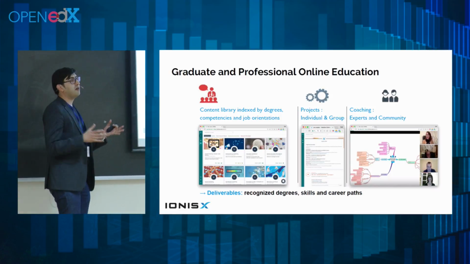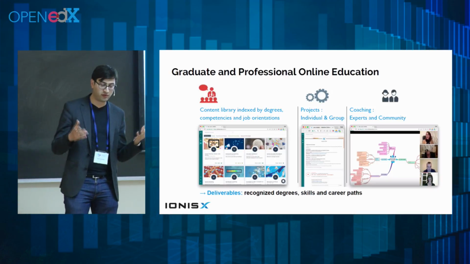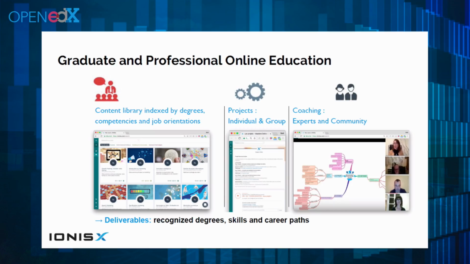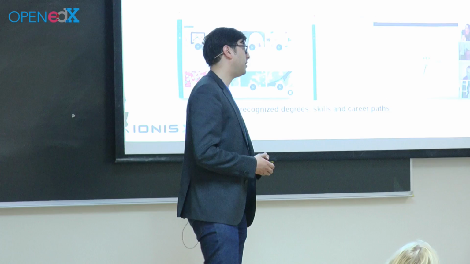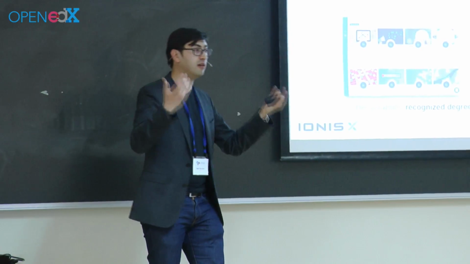Now, talking about the school aspect, I think what we realized a few years ago is that we didn't want to be a content library. We have a lot of courses, and I think it's good that we have courses, but content is only part of what we're doing. We also build project activities that students and other professionals use in order to progress and get better.